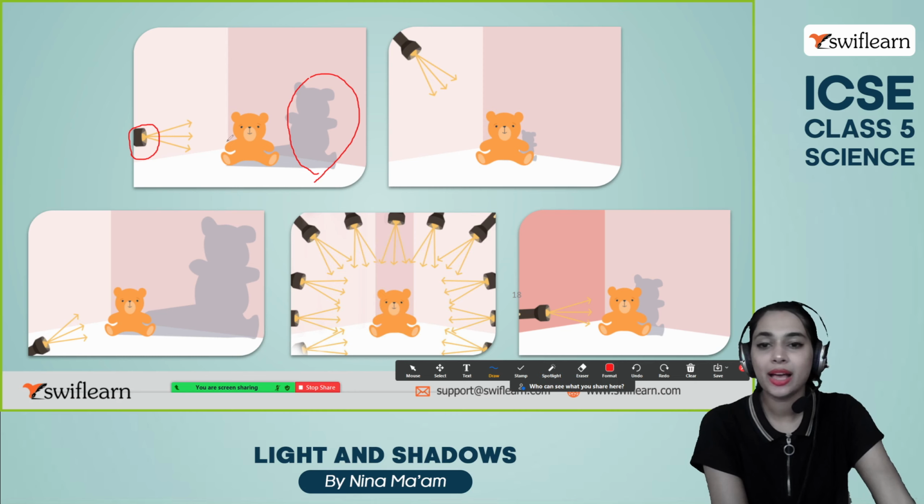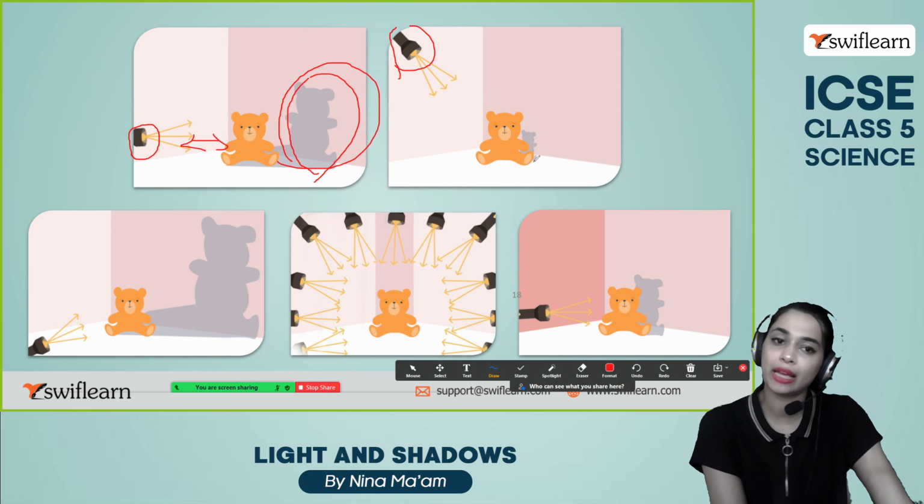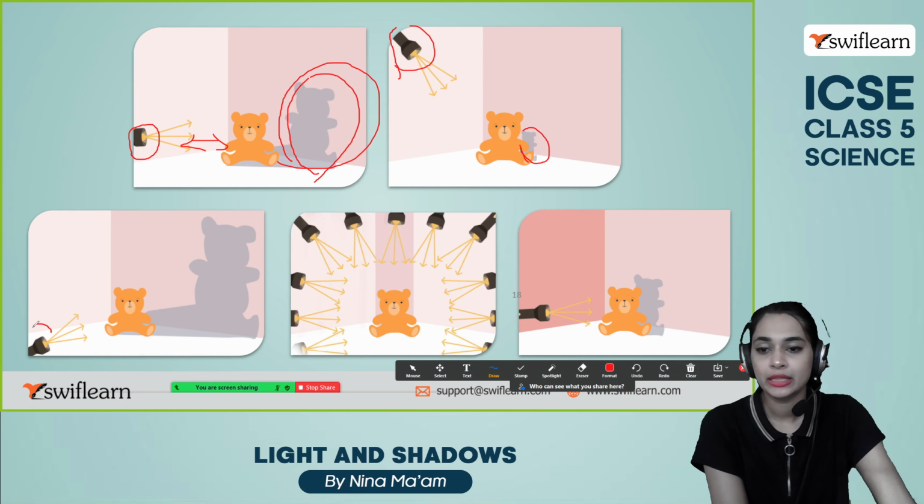So what happens over here? The light and the object are closer. That means we can form a big shadow. Here what happened? The light is far away from the object. That is why the shadow appeared small. Here the light is over here, but it's from the downside. It's closer, but it's from the downside, so it's very big.